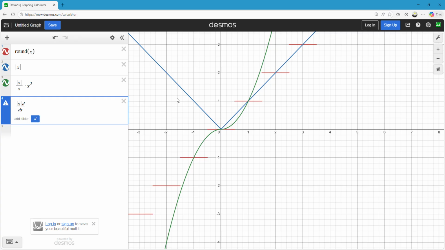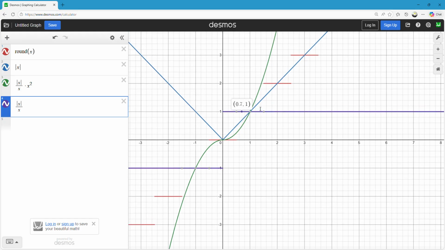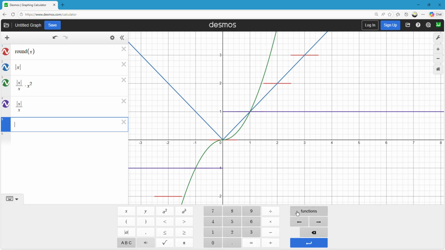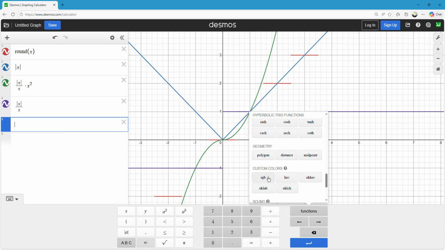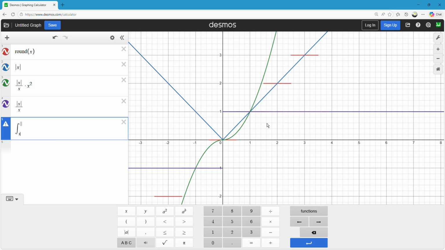Give me a second. Okay, we'll just do this one. This would be the absolute value of x. I can't seem to remember how to do the derivative yet. I know how to do antiderivative.